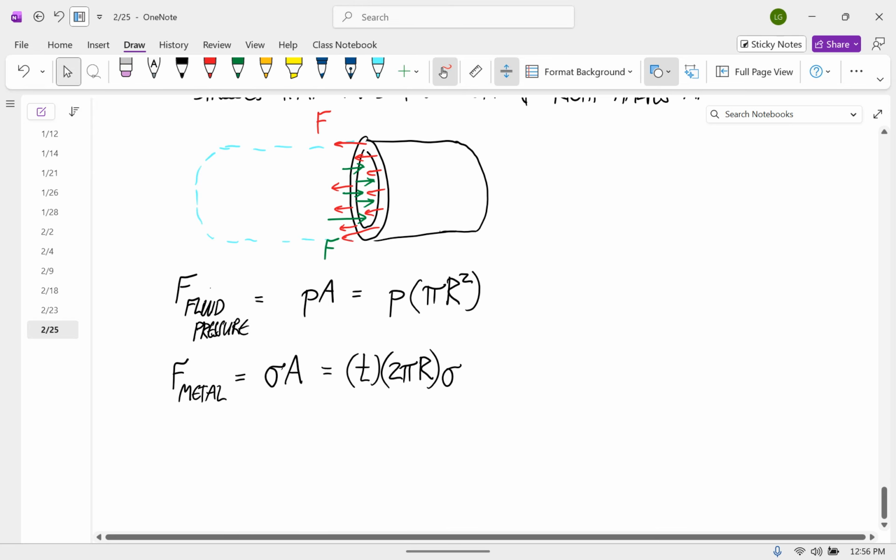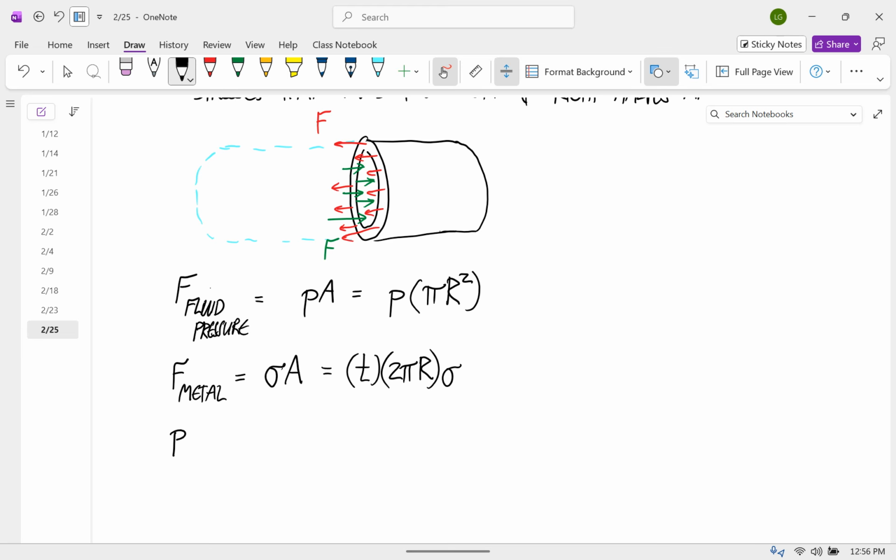We'll set these two equal to each other. We have pi times P r squared equal to 2t pi r sigma. We'll cancel one of these r's and the pi, and we get that sigma is equal to p r over 2t.